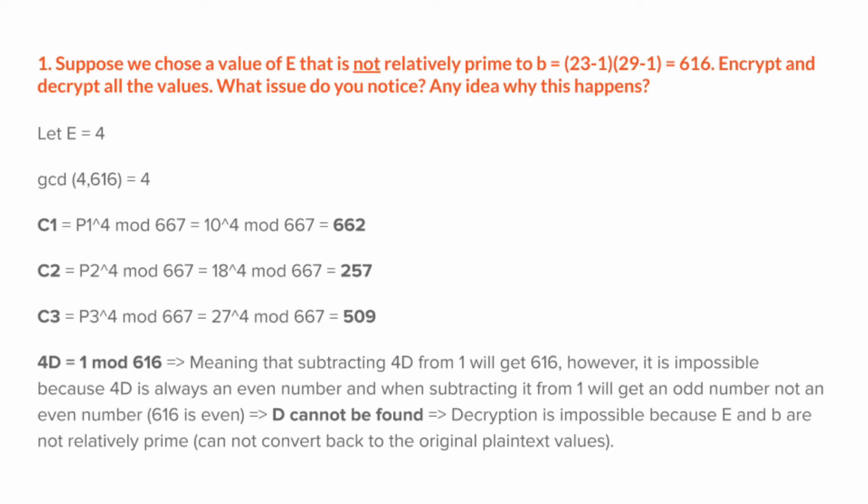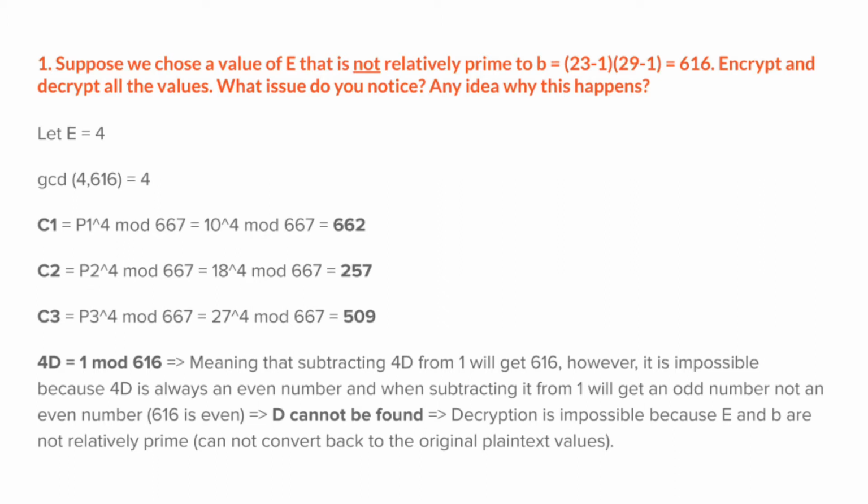We go ahead and calculate our C values, which are the encrypted values for P1, P2, and P3. The numbers we get are 662, 257, and 509. We simply use the formula P1 to the power of E mod N to calculate our encrypted values.